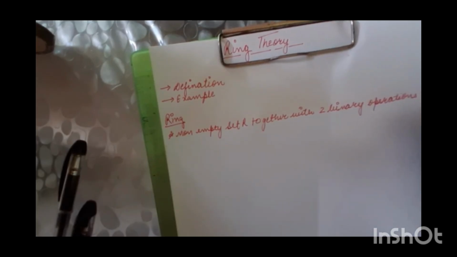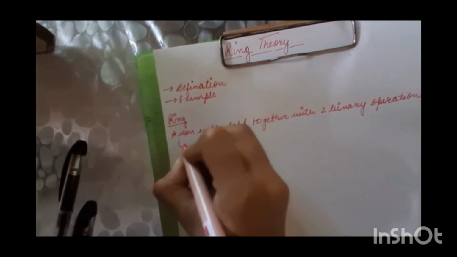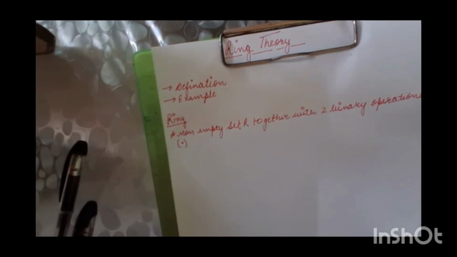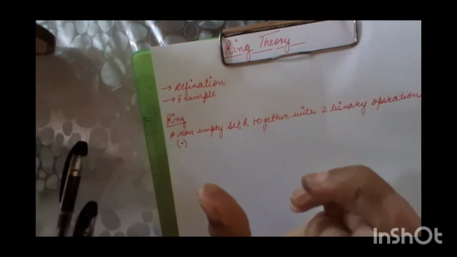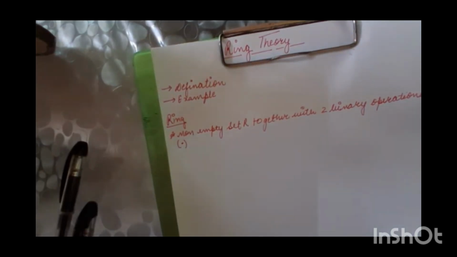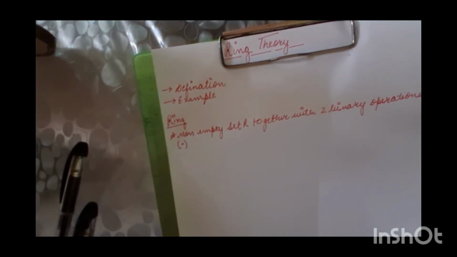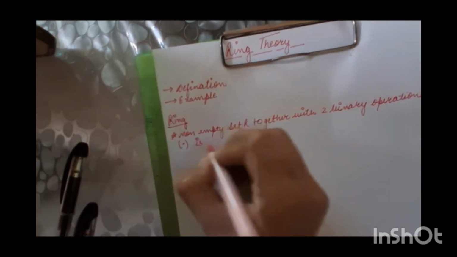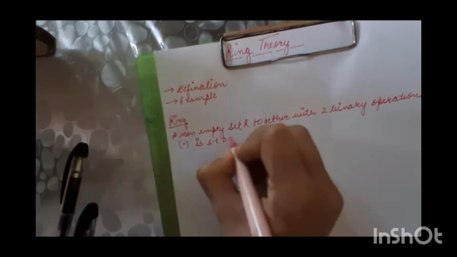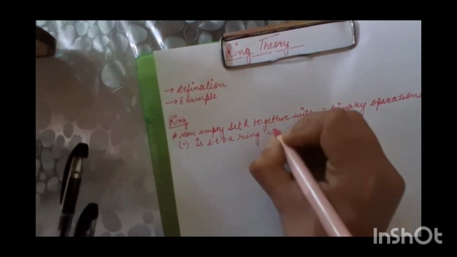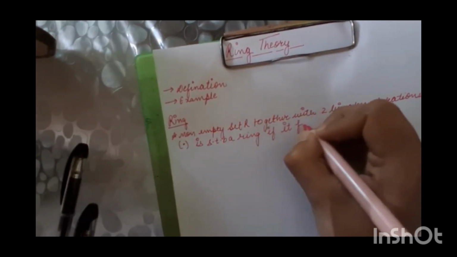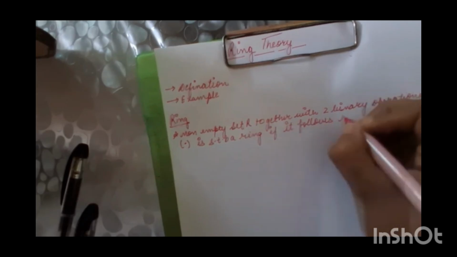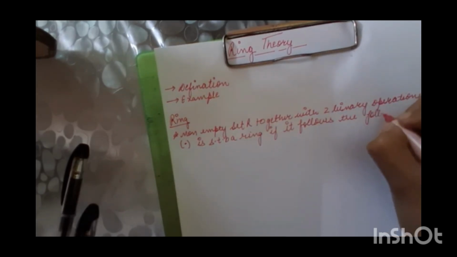Let us denote them by this sign for addition, and for multiplication we denote it by this sign. For a ring, it has to follow some axioms. A set is said to be a ring if it follows the following axioms.